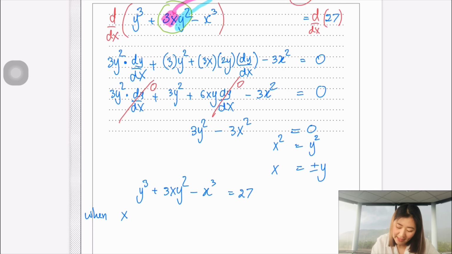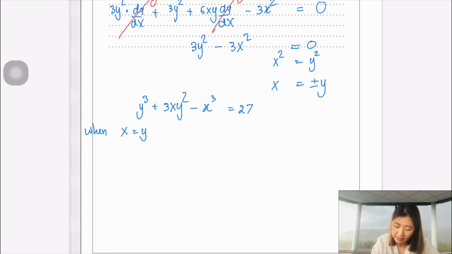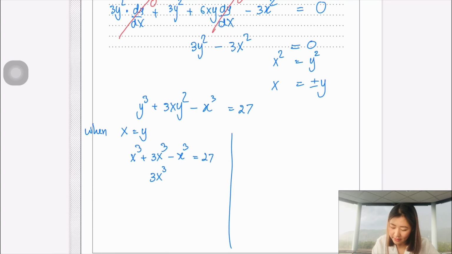So when x equals y, you're gonna get x cubed plus 3x cubed minus x cubed equals 27. Okay, so it is 3x cubed equals 27. So x cubed equals 9.